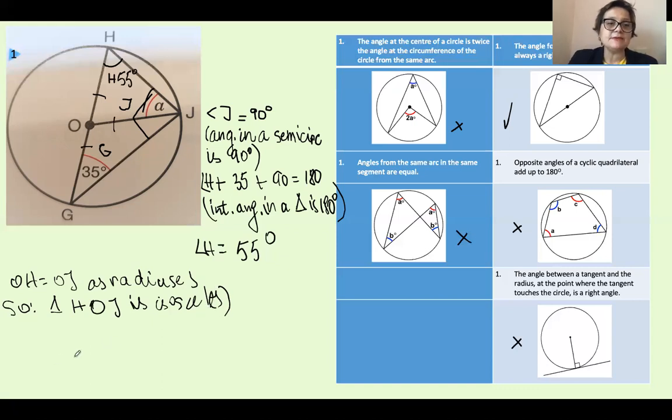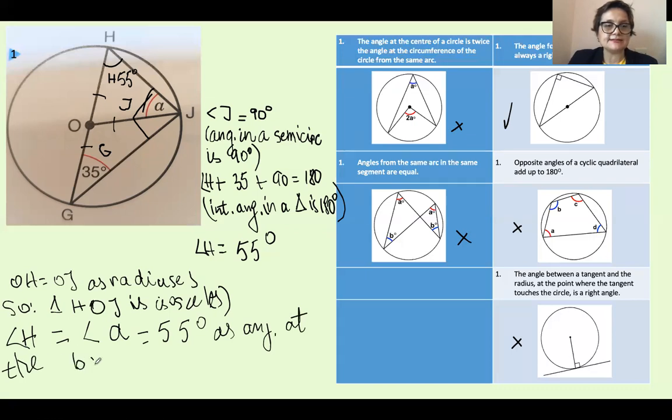And that means angle H equals angle A, equals 55 degrees, as angles at the base of an isosceles triangle.